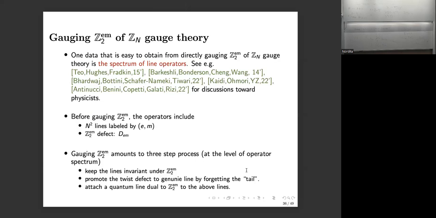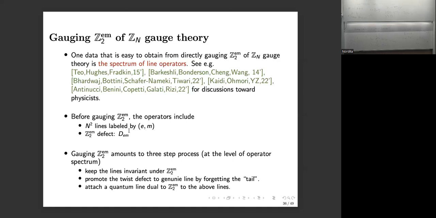So you start with the Zn gauge theory with Z2 EM symmetry, and you start with these line operators. And there is a standard procedure which tells you how the line operators change under gauging the Z2 EM symmetry.